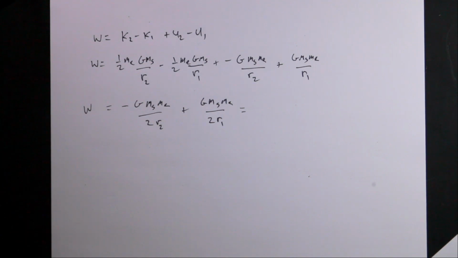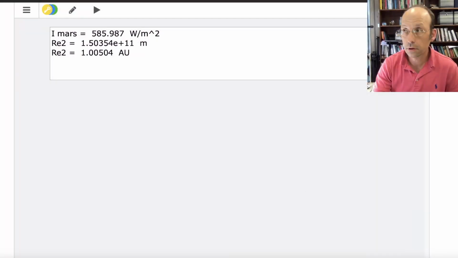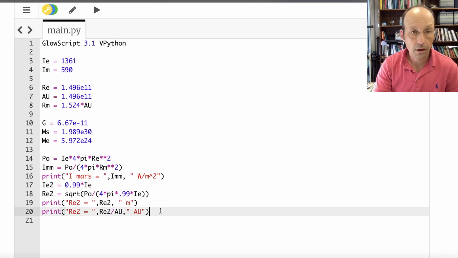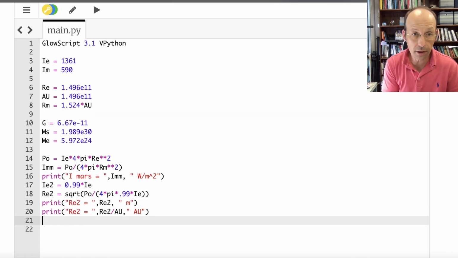Okay, so back over to the computer. I have RE2, I have RE1, and I have the mass of the Earth and the mass of the Sun. Work equals, I'm just typing my equation. This is what's so great about Python. I know you think, hey, that guy's a crazy Python guy. Okay, that's true.